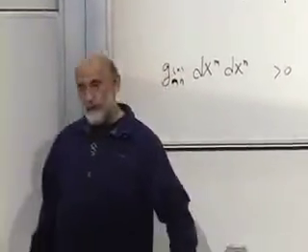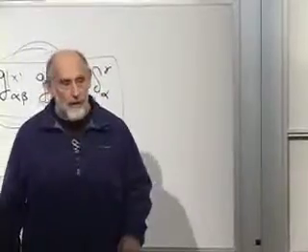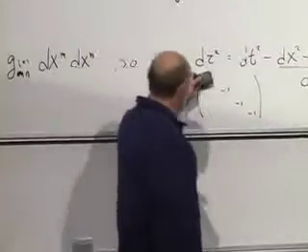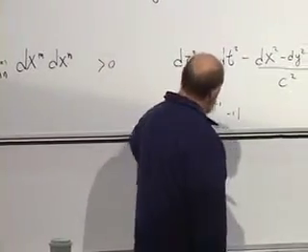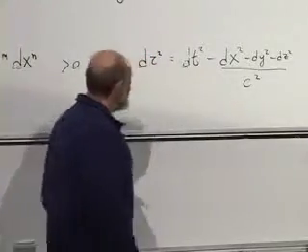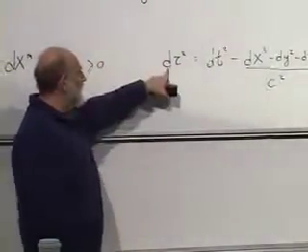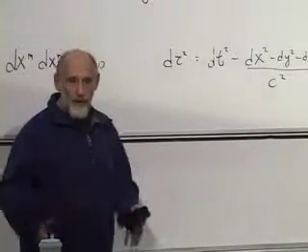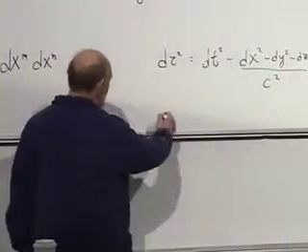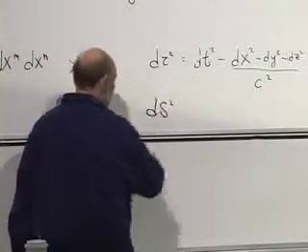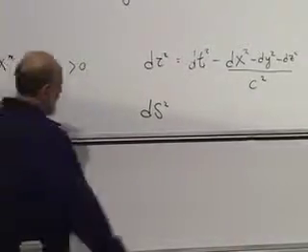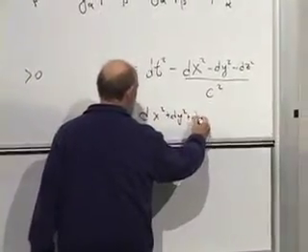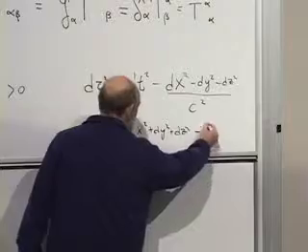Now I should tell you that if you compare with much in the literature, depending on how old the literature is, depending on the tastes of the author, and depending on how quirky the author is, one sometimes defines, instead of the proper time, a proper spatial interval, and one defines it this way: ds squared, s for space, as dx squared plus dy squared plus dz squared minus c squared dt squared.